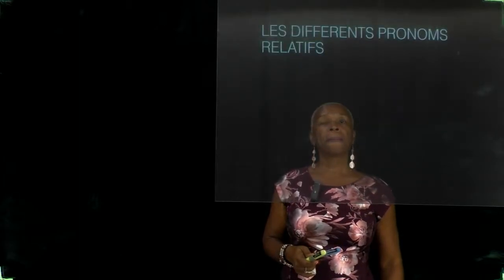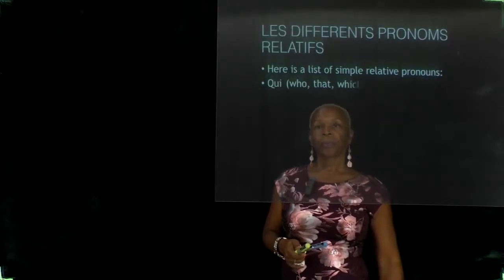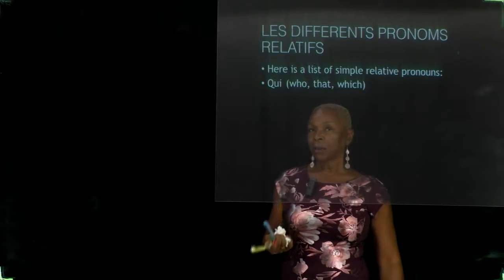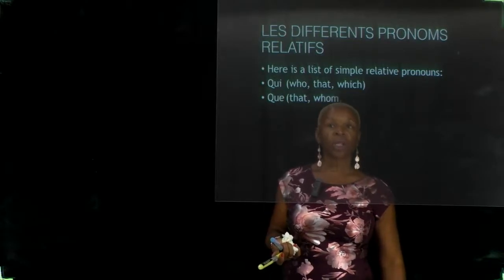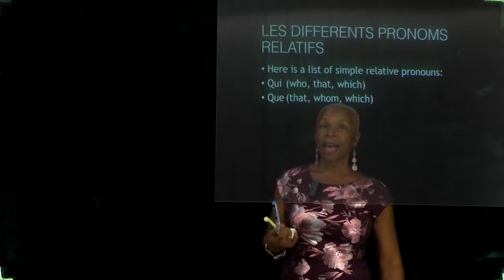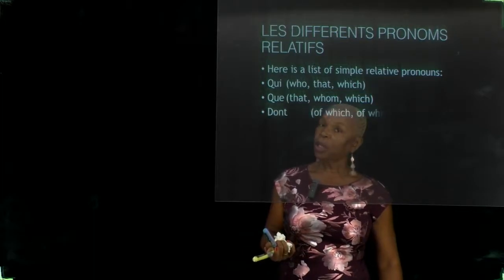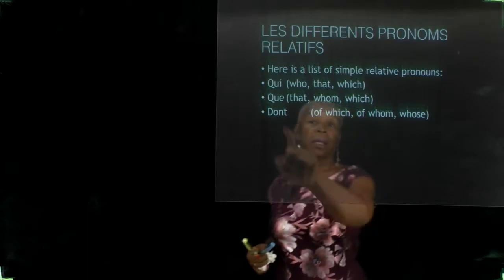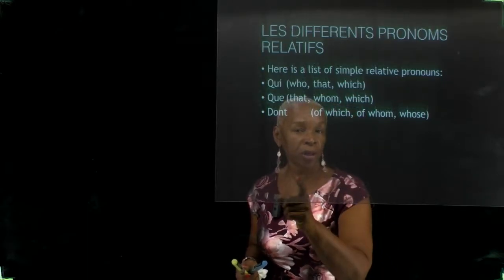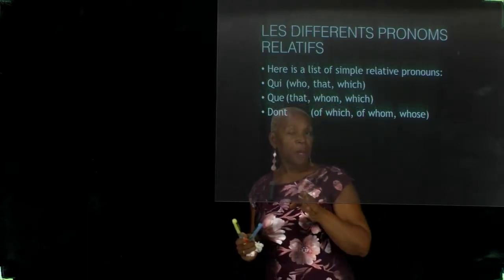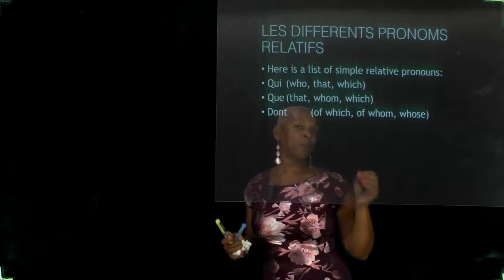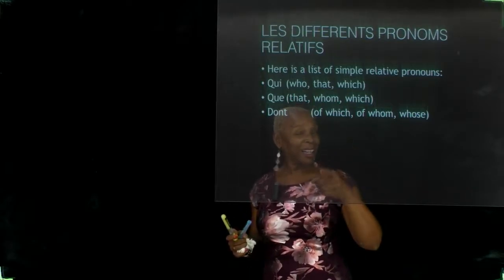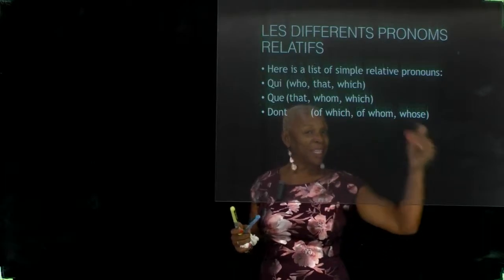Okay? Alors, qui can mean who, that, which. Que can mean that, whom, or which. Dont means of which, of whom, whose. The key for dont is to remember what verbs usually come with the preposition de, like rêver de or parler de.